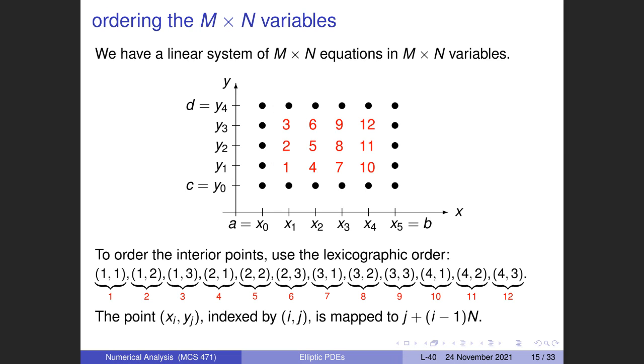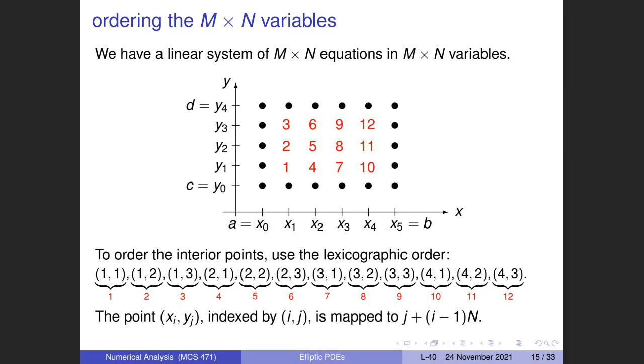So we have 12 points. Normally this is a grid that is way too coarse for practical purposes. But here you see the 12 points, and we label them uniquely. Every point has already a unique name, but it's a first name and a last name, so a first index and a second index.